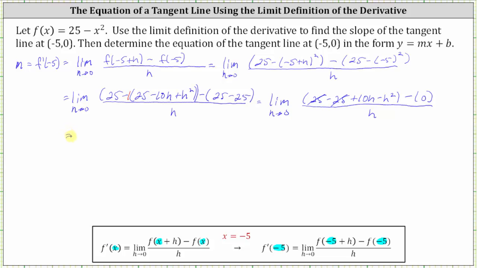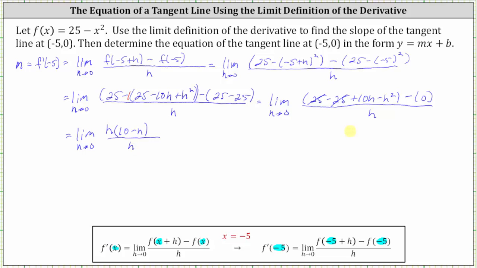So now we have the limit as h approaches 0 of the quantity 10h minus h squared, all divided by h. But notice how 10h and h squared have a common factor of h. Let's factor out the common factor of h, which gives us h times the quantity 10 minus h all over h.